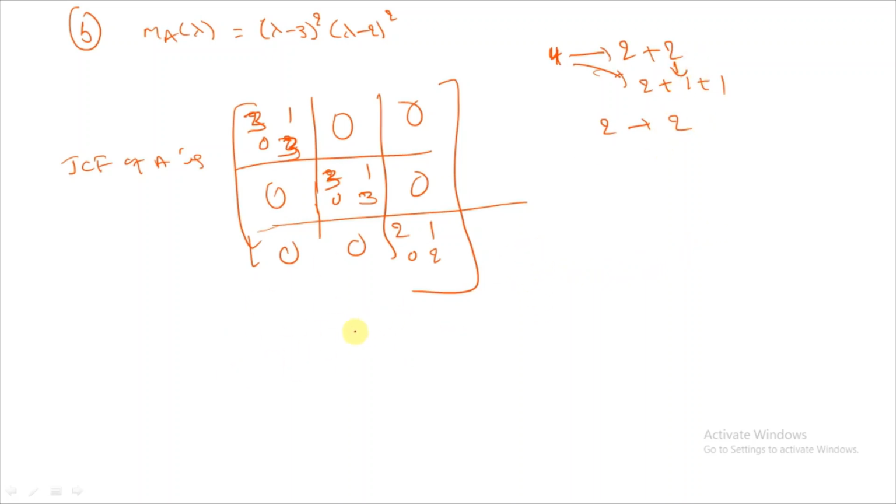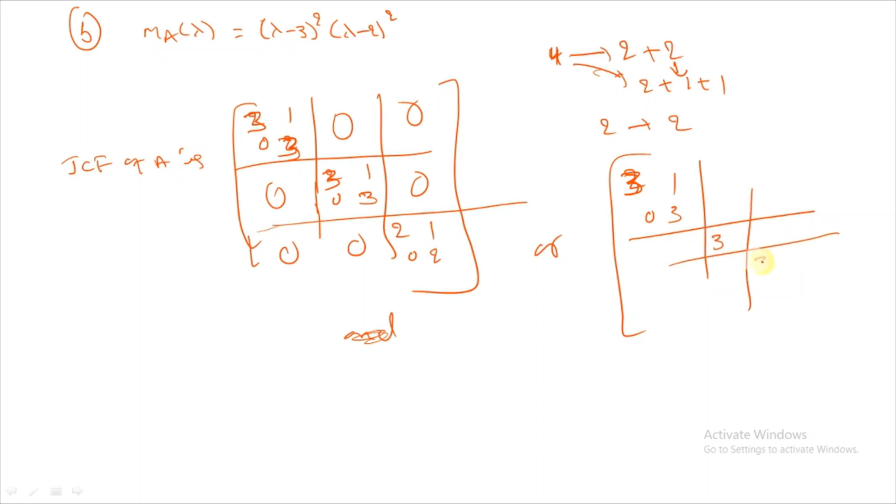And corresponding to the other one, what do we get? 3, 1, 0, 3 is one Jordan block. Next, 1 by 1 Jordan blocks: 3, and again 3. Next, the 2 by 2 block: 2, 1, 0, 2.